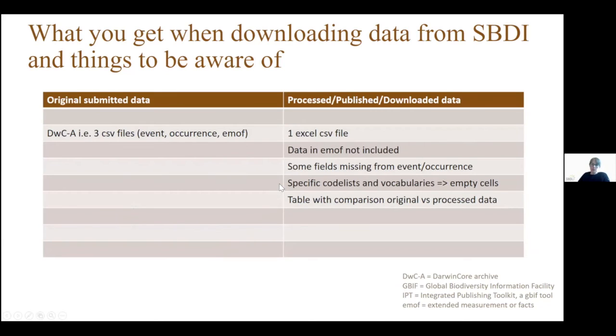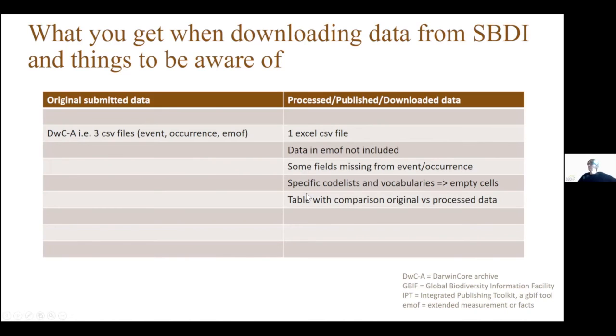Also, both GBIF and SBDI run your data through a validation process in publishing. For certain fields, there are specific code lists or vocabularies that are used. So if the values you have used in this field are not actually in that vocabulary, you might end up with an empty cell.